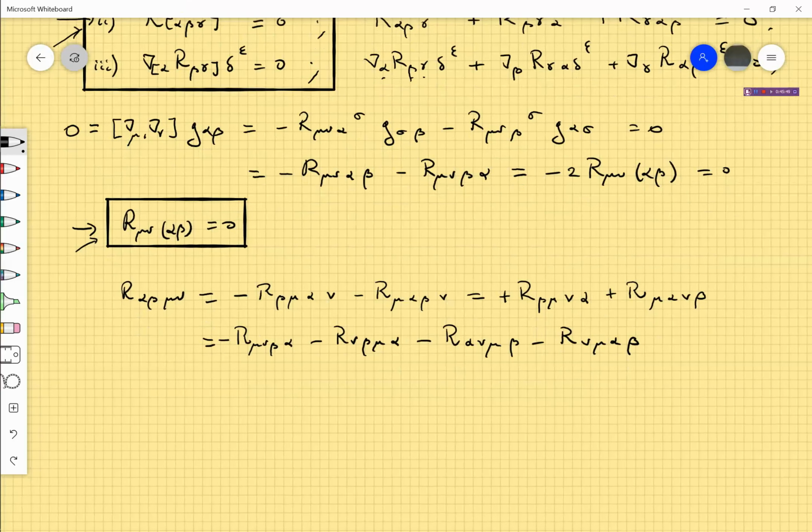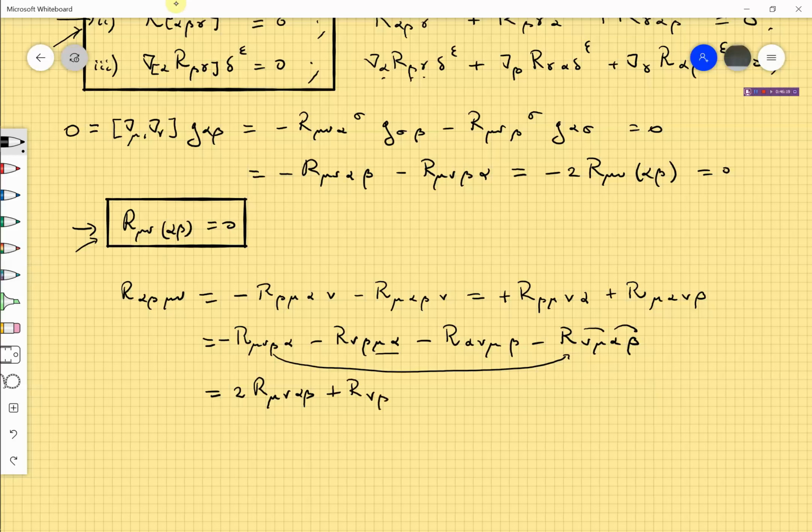Okay, I get two terms which are identical, this one and this one, because now this is antisymmetric, this is also antisymmetric. So I get 2 times R mu alpha beta. I interchange this and I put it in this order, alpha beta. The next term I just interchange these two and I get plus R nu beta alpha mu, and the other one I also interchange the last two indices.